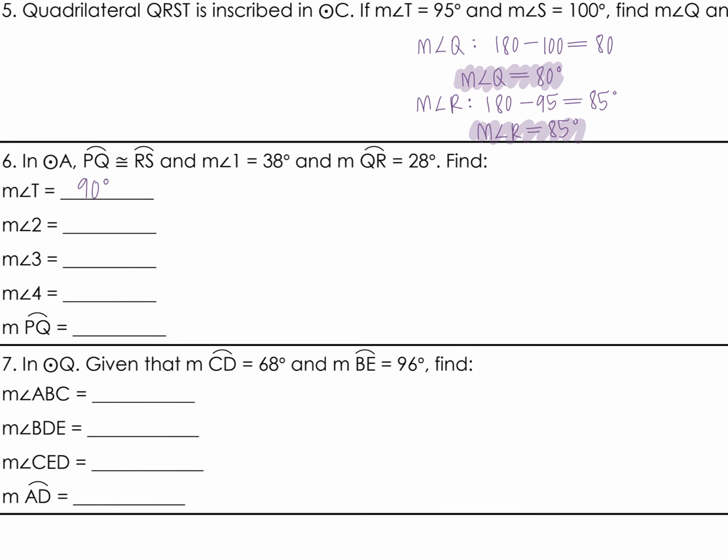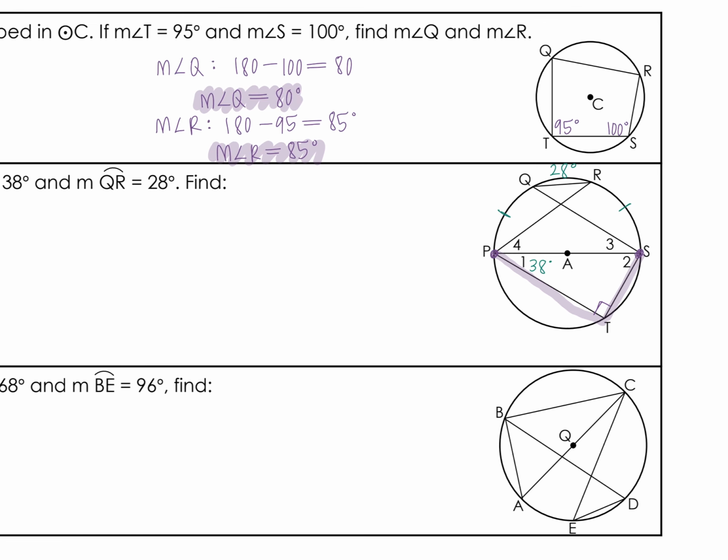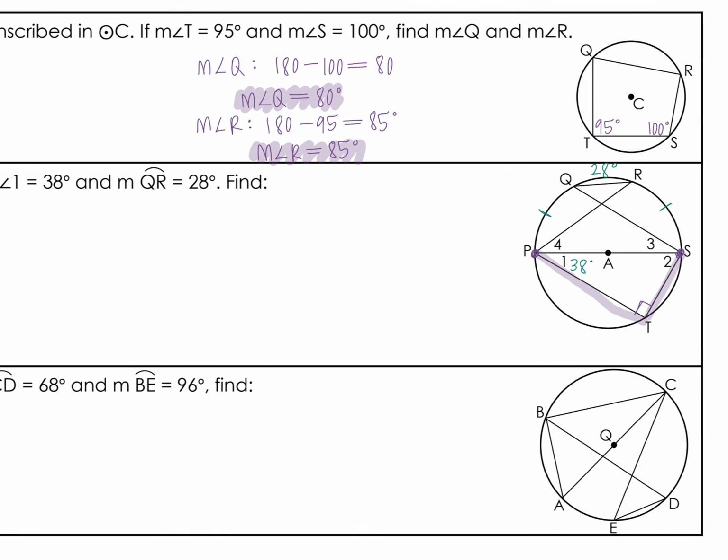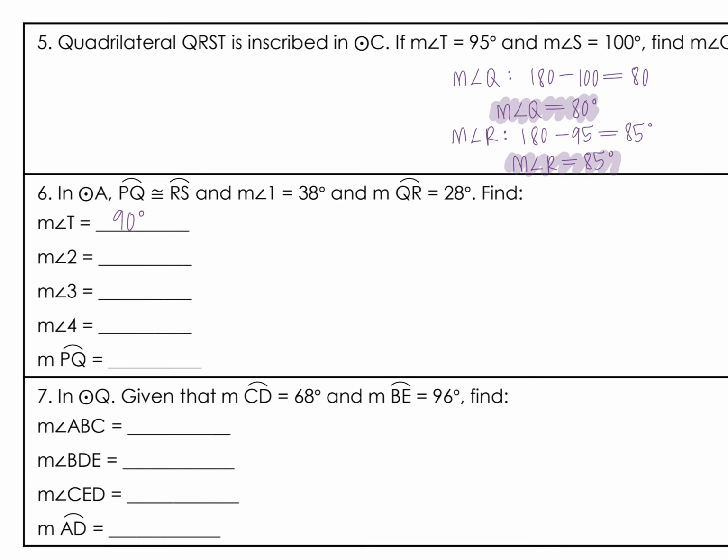Okay, moving into angle 2. If you focus in on the fact that we have this lovely right triangle being formed, we know that angle 1 is 38, that angle T is 90, and the sum of my 3 angles in a triangle is 180, so I could subtract those 2 angles from 180 to see what I'm left with.